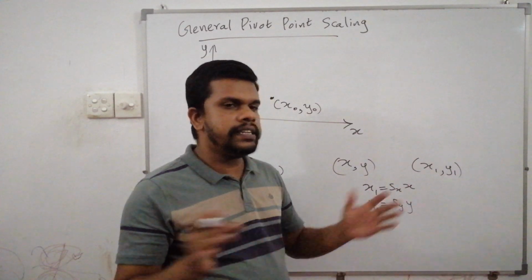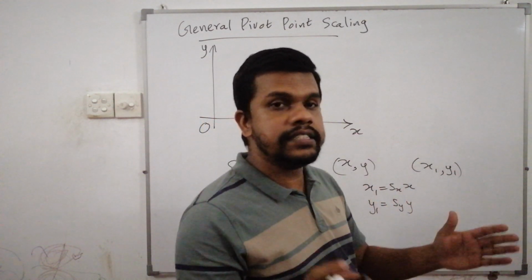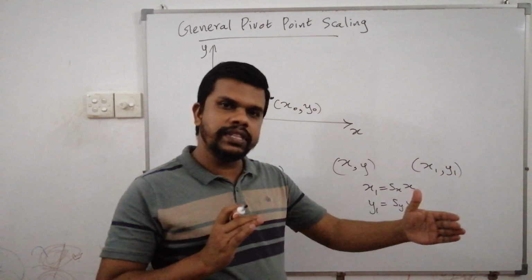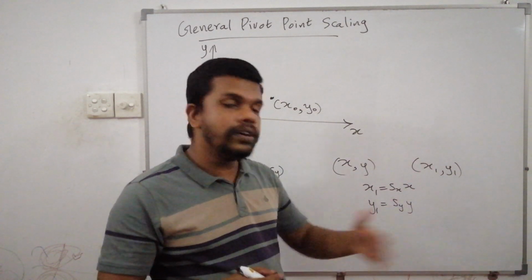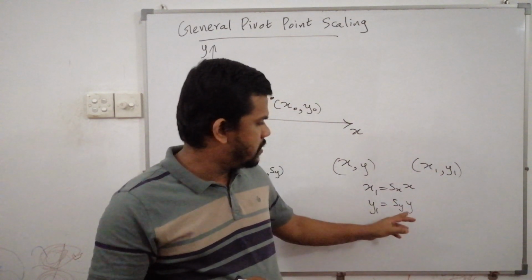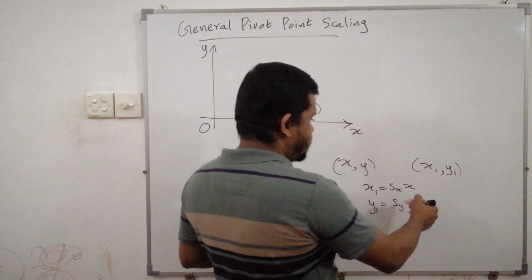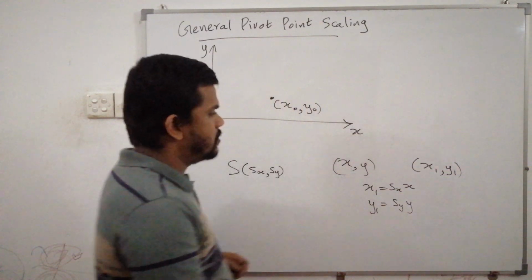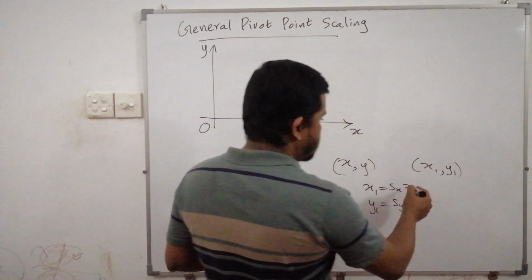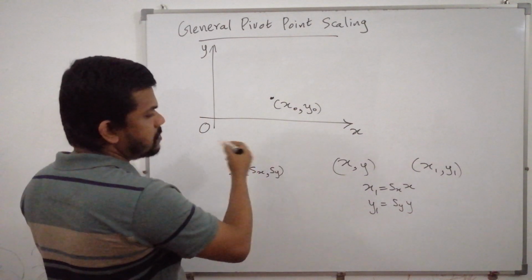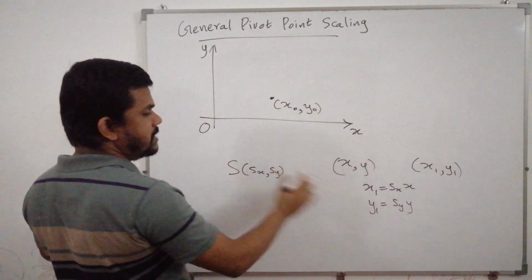X coordinate means the distance to the origin along the x-axis, and the y coordinate is the distance along the y-axis.